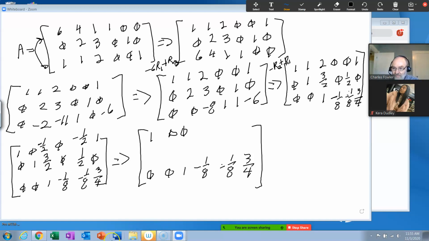Okay. 1 half times row 3 added to row 1. That's what I'm trying to get my pen to show up. So 1 half times a negative 1/8 is a minus 1/16. And then a 1 half times negative 1/8 is negative 1/16 minus 4/16.